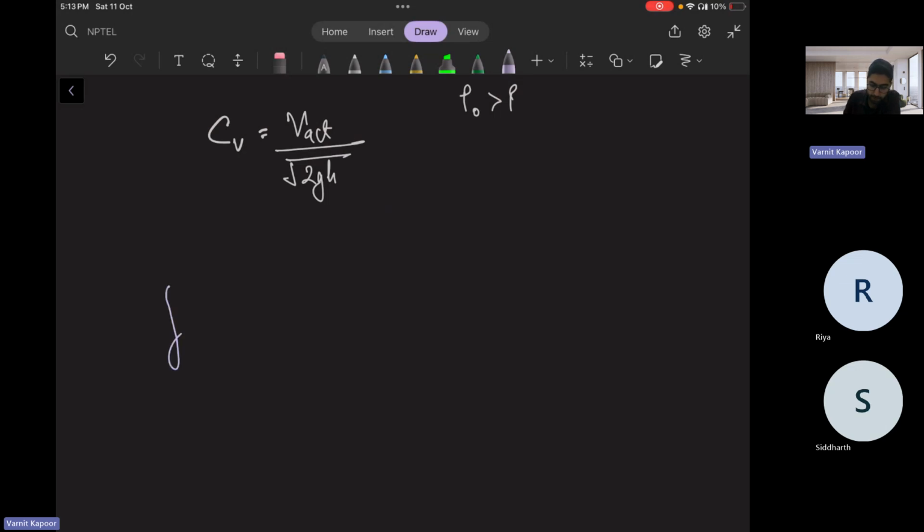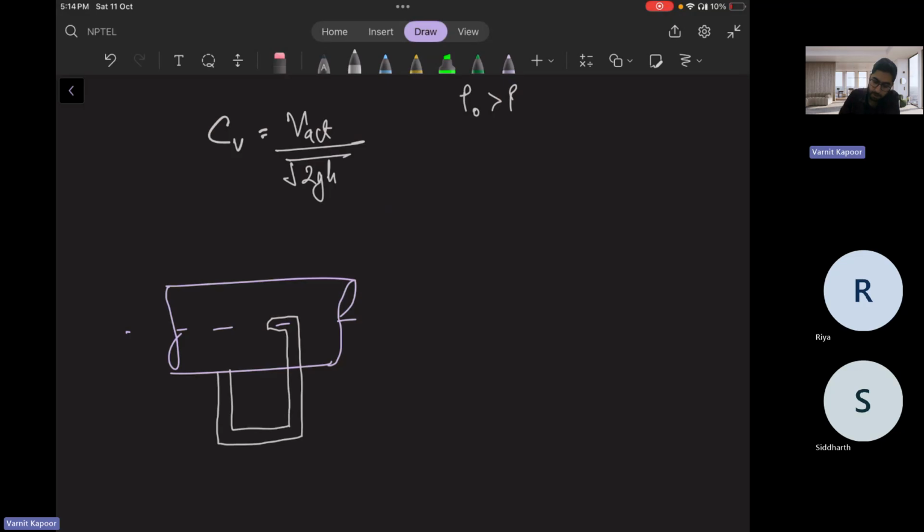So again, you have a pipe like this. I'm attaching a pitot tube scenario like this with a manometer. The pressure at this position is higher on the right hand side because it has stopped, so this will be the deflection.